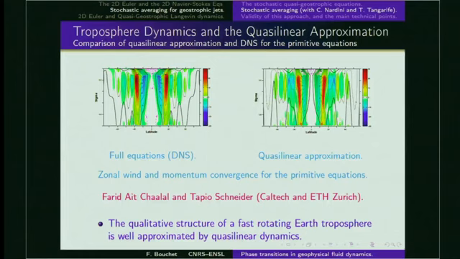Actually this is true only for a fast rotating Earth, an Earth that would rotate twice faster than the actual rotation rate. When you look at the same picture for the actual value of the Earth rotation rate, the agreement is no more as convincing. So it just means that the Earth dynamics is not in this quasi-linear regime, but in a sense it is not far from it.